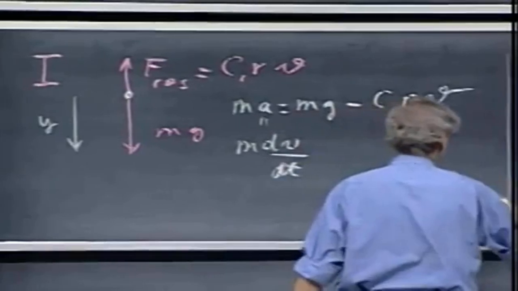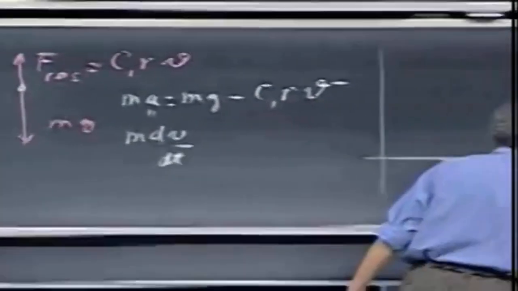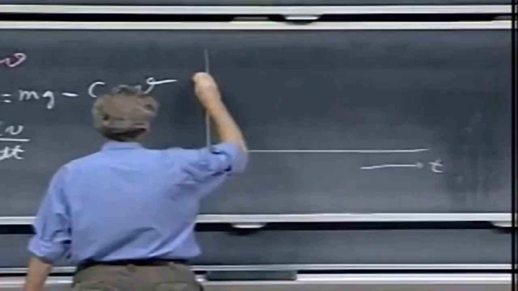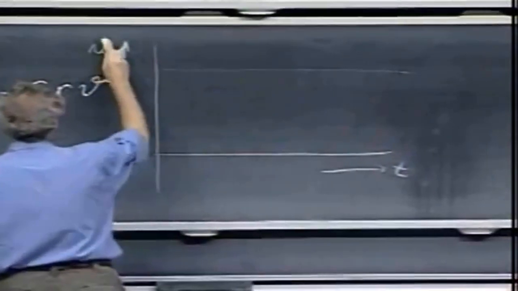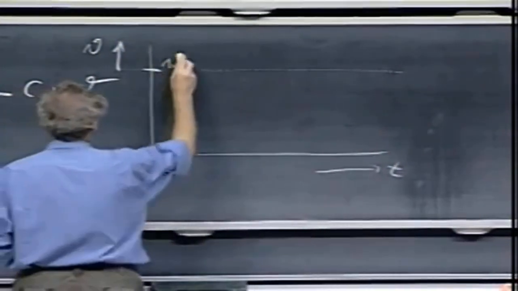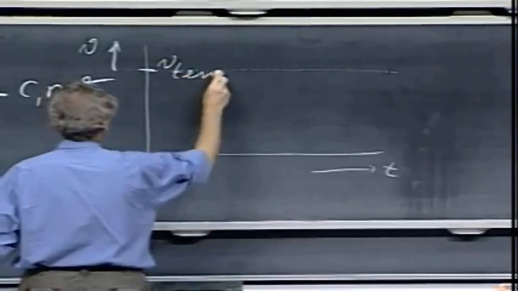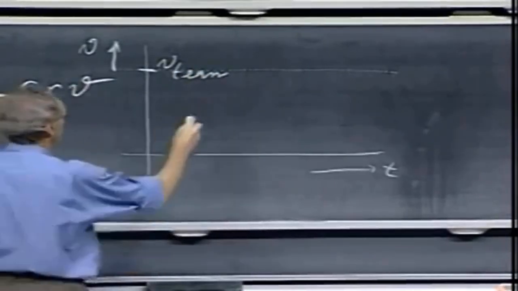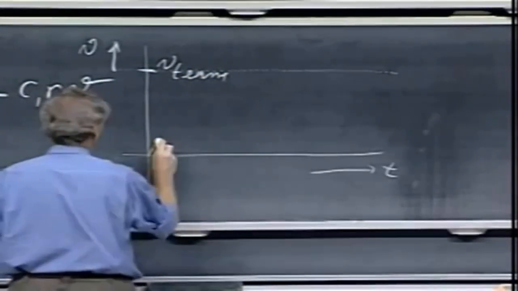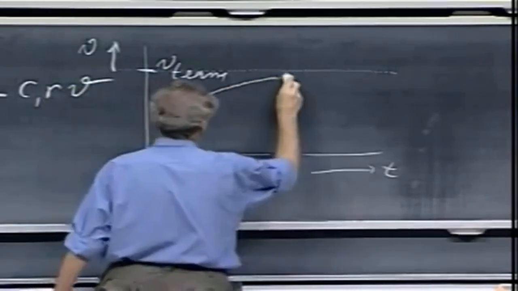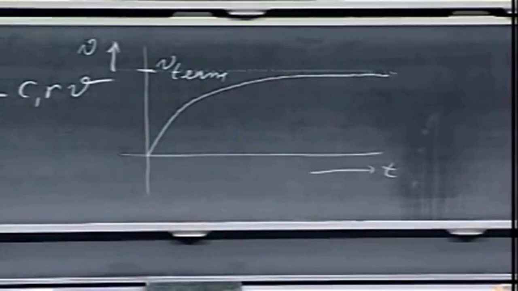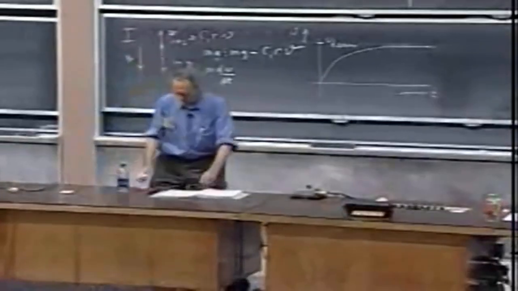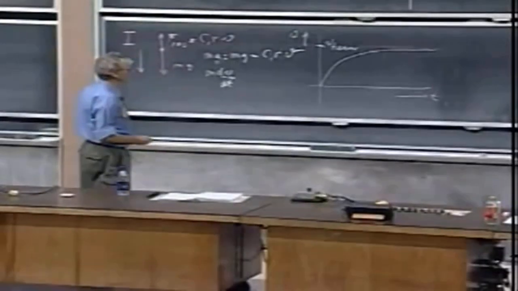What you're going to see is that the speed as a function of time is going to build up to a maximum value, which is the terminal velocity, or terminal speed, and it's going to approach it asymptotically. And this is what I'm asking you to calculate on your fourth assignment.